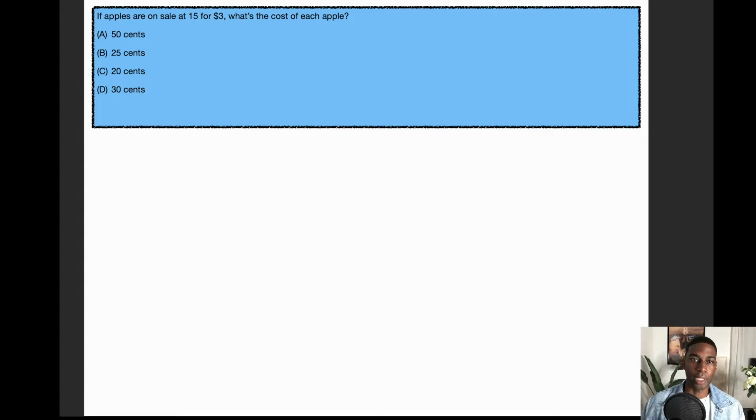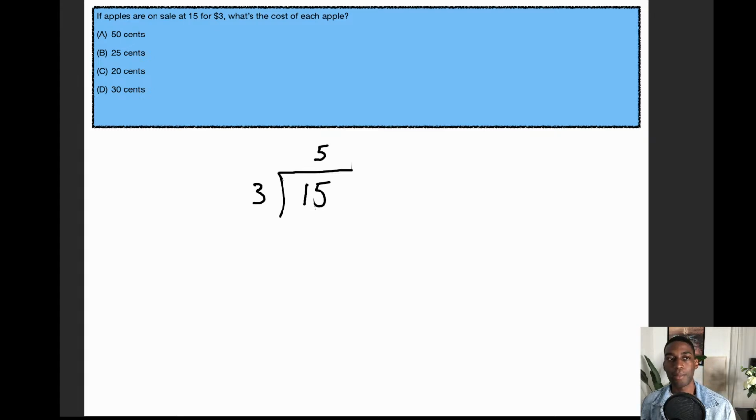So I know that I'm going to be dividing. I know in division they taught you guys to put the big number in the box, right? At least that's how they taught me in school. Put the big number in the box and everything should work itself out. So if this is the case, 3 divided by 15 or 15 divided by 3 will give us a 5.